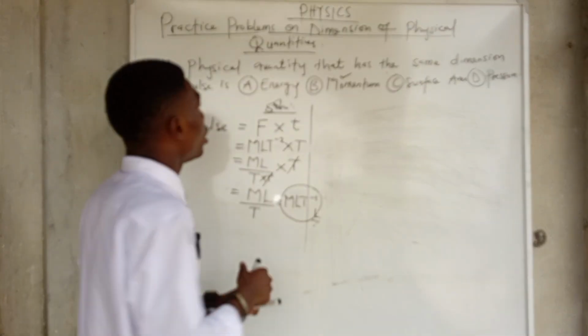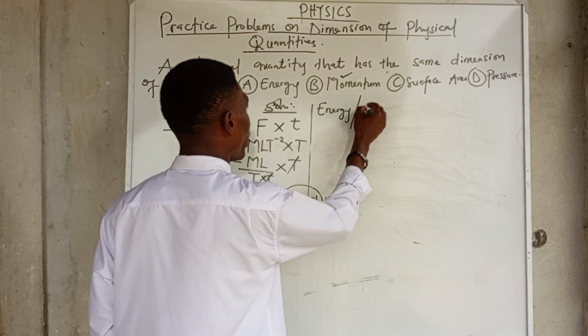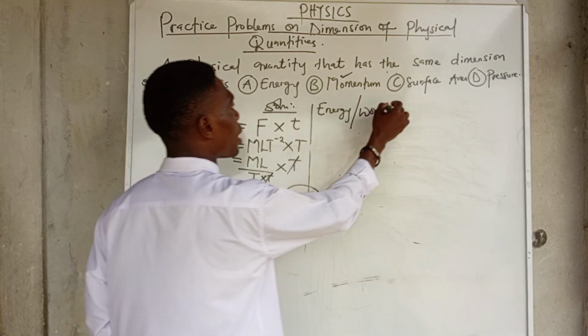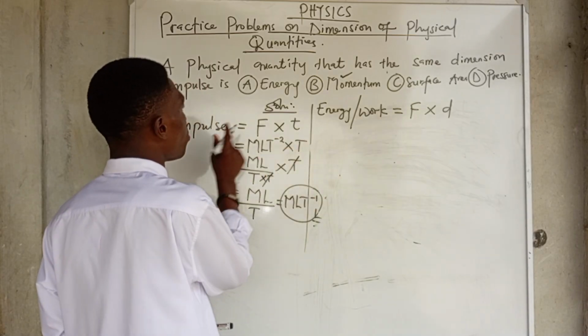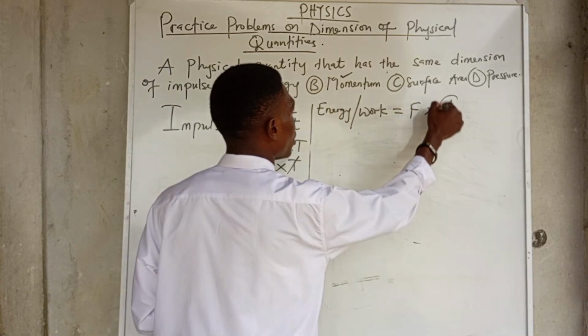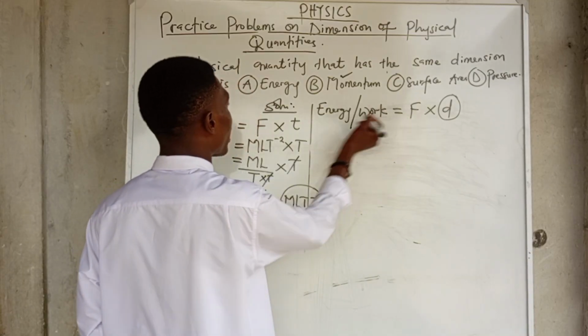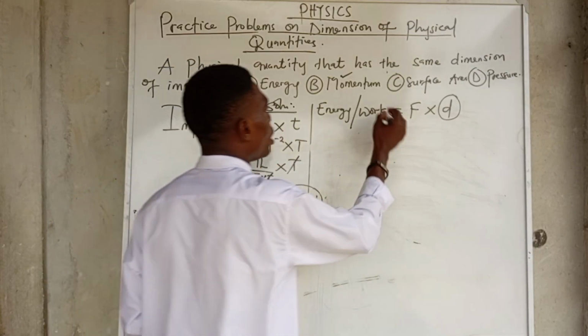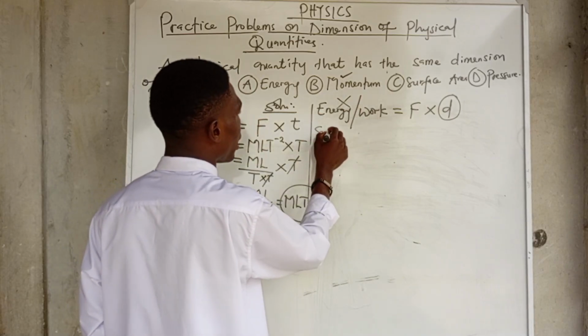So let's try to compare the other options. Are we together now? Alright, looking at energy. Energy is the same thing as work, where work is equal to force times displacement. And if you compare that with impulse, which is equal to force times time, obviously, because of this value, energy or work cannot be in the dimension of impulse. And so energy is a wrong option. And then let's look at surface area.